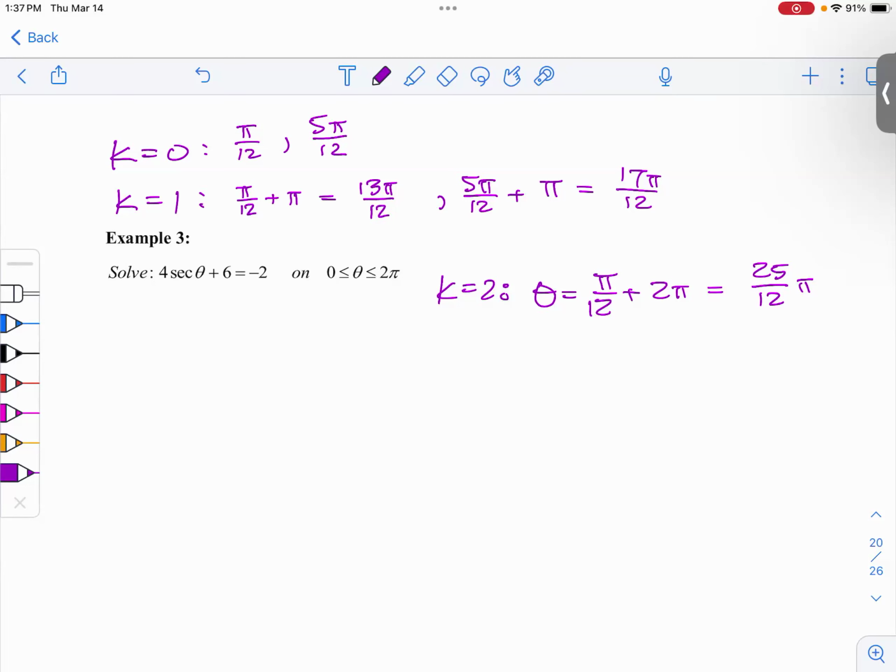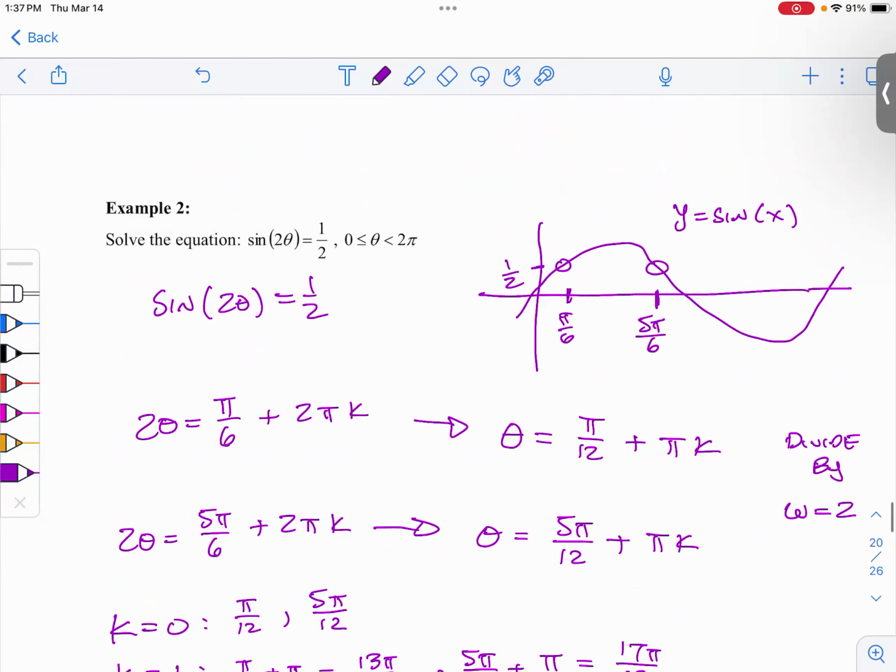Now, at this stage already, I know this one is not a solution, and this is all because of my initial range. It says find solutions between 0 and 2 pi.